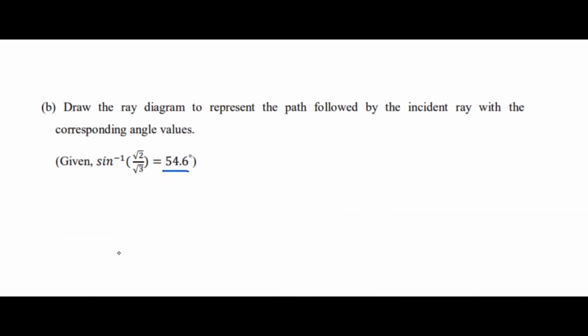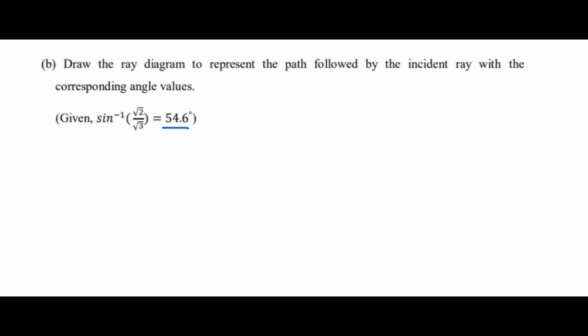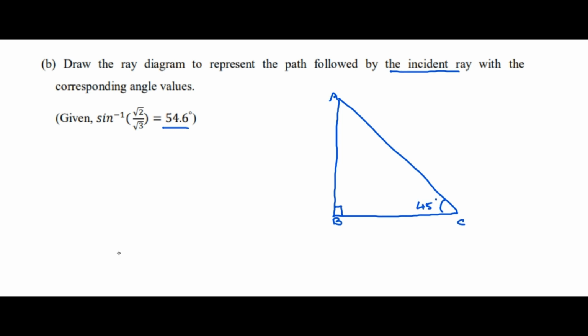Draw the ray diagram to represent the path followed by the incident ray with corresponding angles. Here, the diagram can be shown like this. This is B, A, C, and 45 degrees.